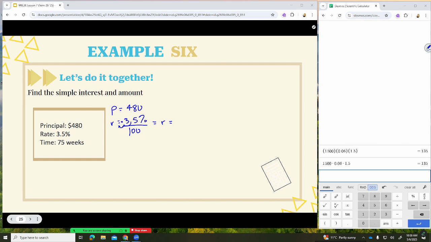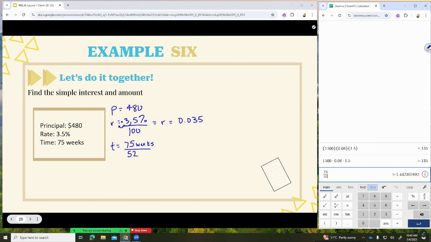We divide by 100, we can move the decimal place. So rate equals 0.035. Time is 75 weeks. We need to convert it into years. So we have to divide by how many weeks are in a year. 75 divided by 52 equals 1.4 years.